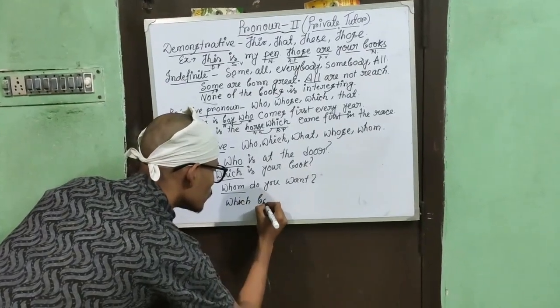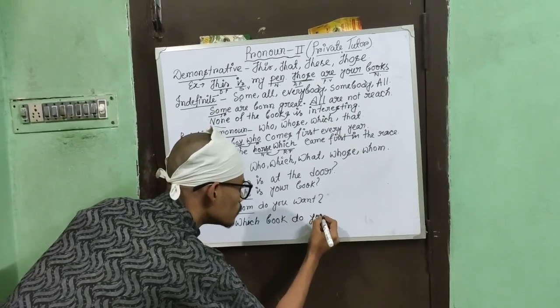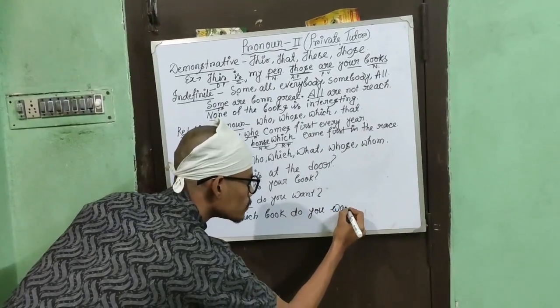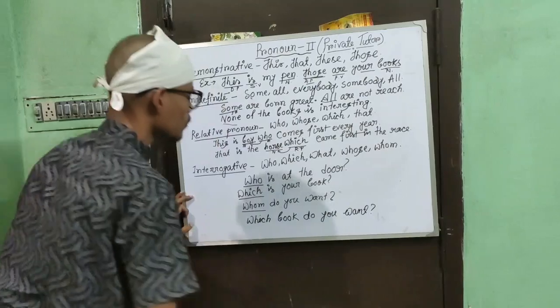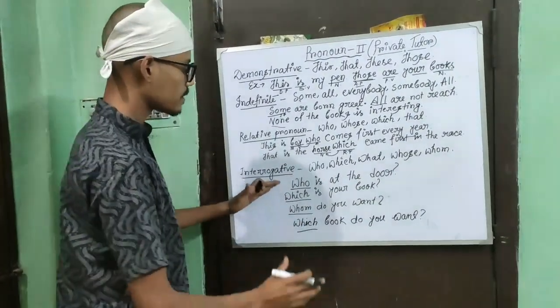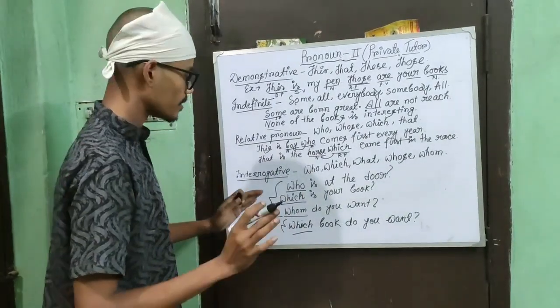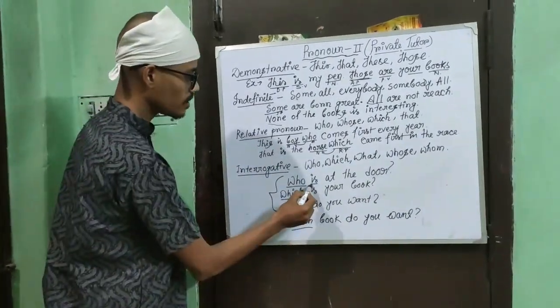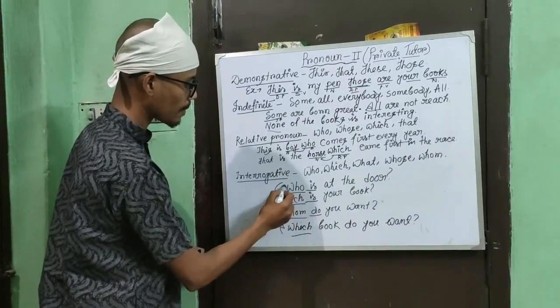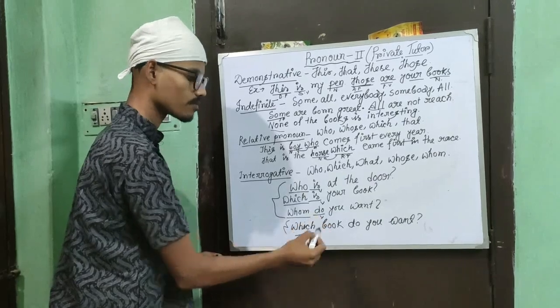Which book do you want? So here I have also used a WH word. What is the difference between these three sentences and this sentence? The difference is, you can see in these three sentences after the WH word we have used a verb.